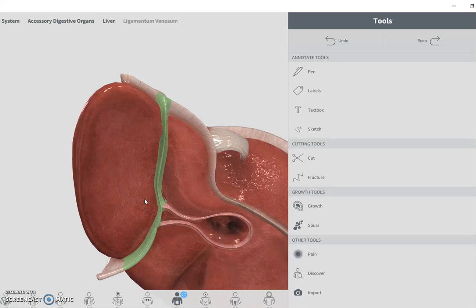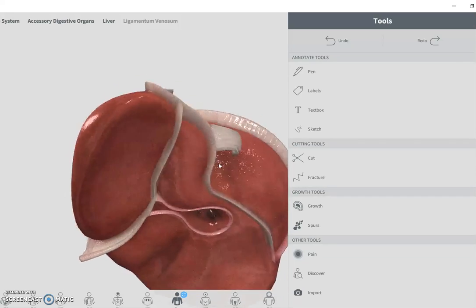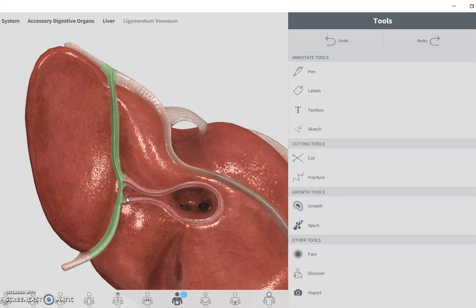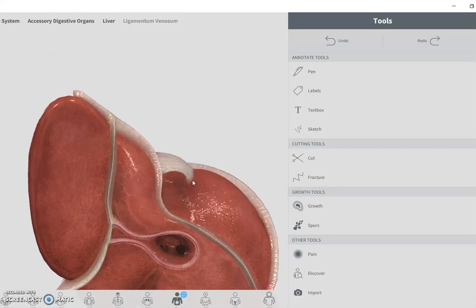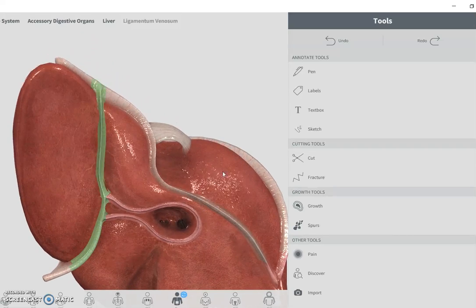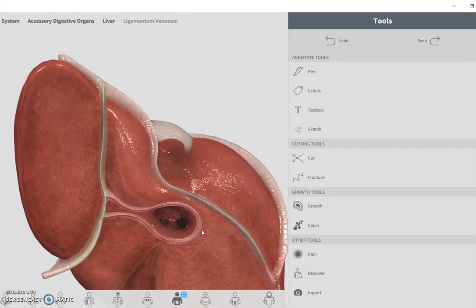That is one important thing that you have to know. The falciform ligament's counterpart on the visceral surface is the left sagittal fissure. So that is all for anatomical lobes.